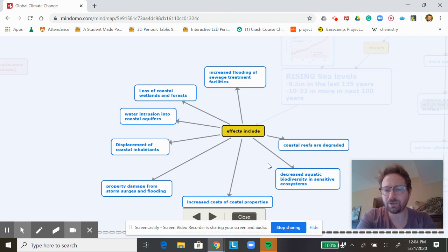Coastal reefs will be degraded because they're not normally under that much water. Decreased aquatic biodiversity for sensitive ecosystems. Increased costs of coastal properties because the insurance will be much higher. Property damage as a result of more storms. Displacement of coastal inhabitants. We're already starting to see that, people moving away from the coasts. And that's it for our first video.